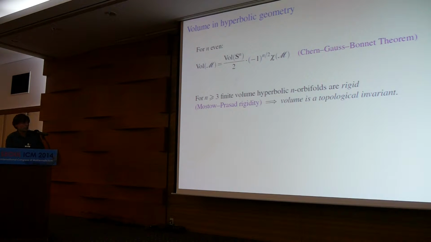Next property is the celebrated Mostow-Prasad rigidity theorem, which tells us that volume is a topological invariant. So, well, what does it mean? In this case, the topology of the space is actually defined by its fundamental group, and it says that the volume is an invariant of the fundamental group.